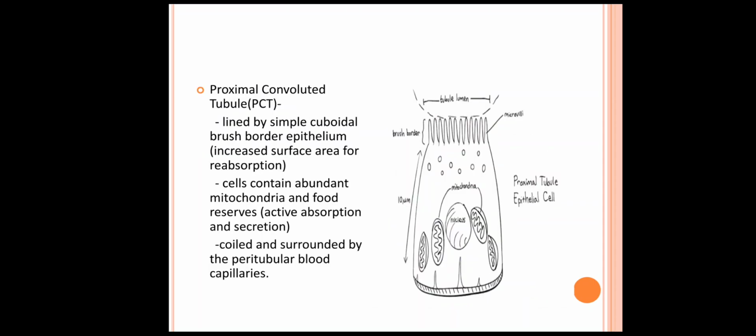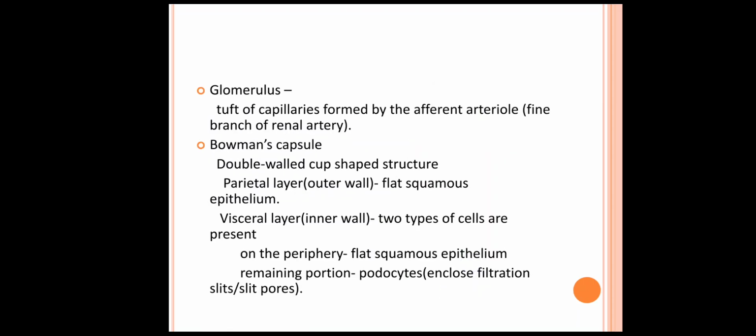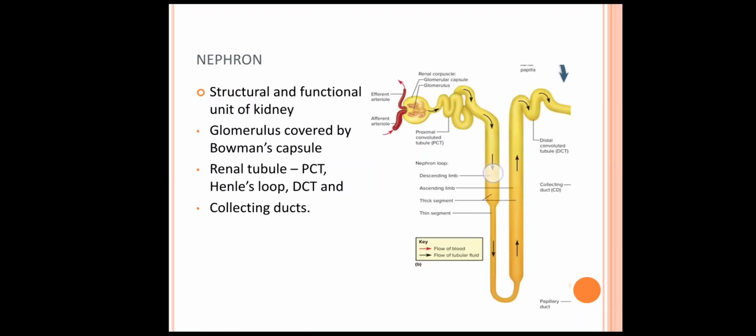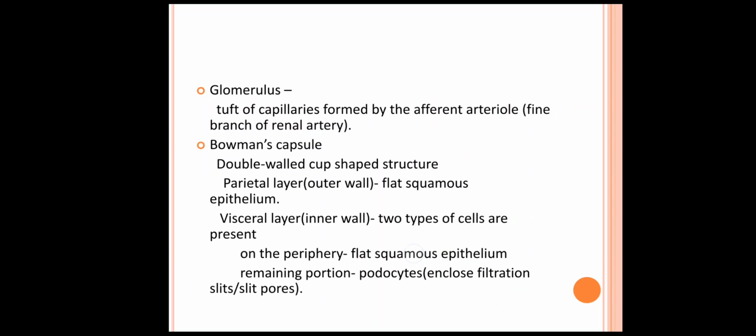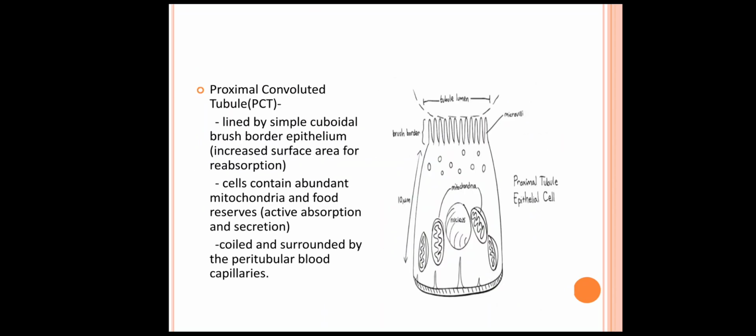Moving further, after the glomerulus and Bowman's capsule comes the proximal convoluted tubule. So, we are dealing with this part. Now, let's have a look.